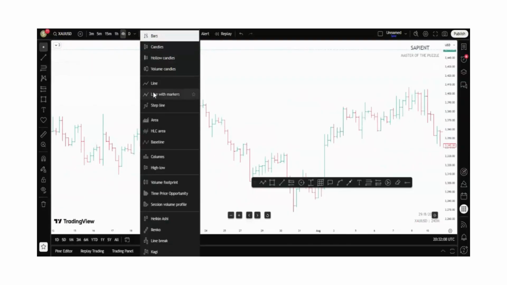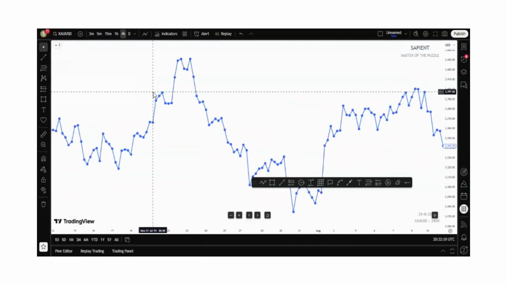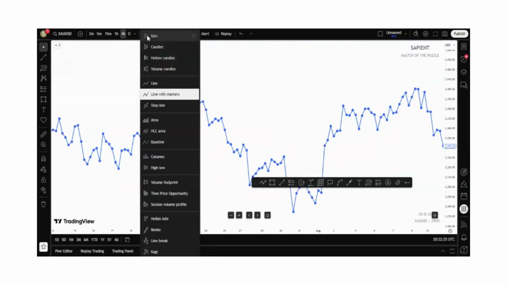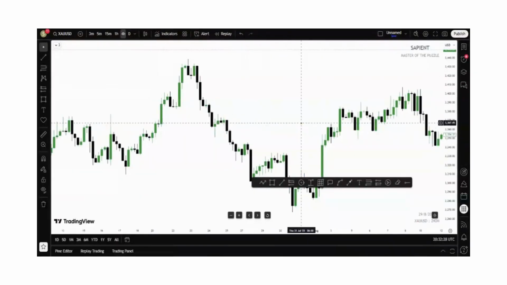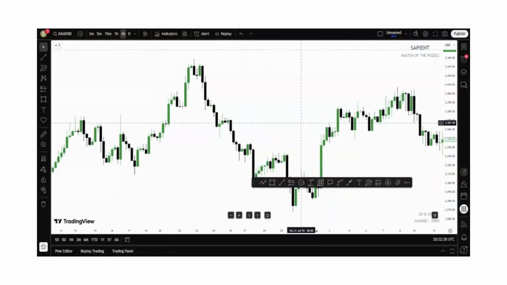When I switch to something like this, you can see this is also another form of market data. So I told you market data can be in different forms, but the most popular one is the Japanese candlesticks.